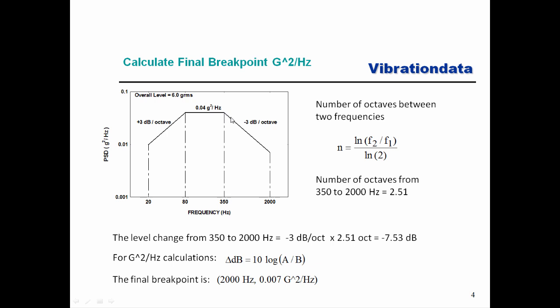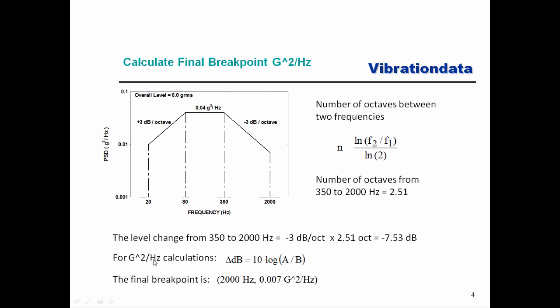We know what the slope is, and we know the number of octaves. So now we know what the total decibel change is to go from this plateau to this final breakpoint amplitude there. Now, I'm going to show you a slide in a couple of slides that goes over the dB formulas in more detail, but I'm just going to show you a preview now.